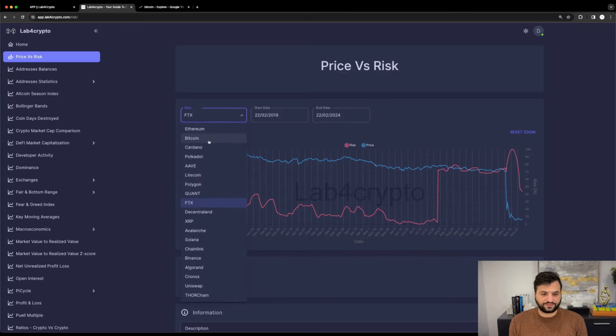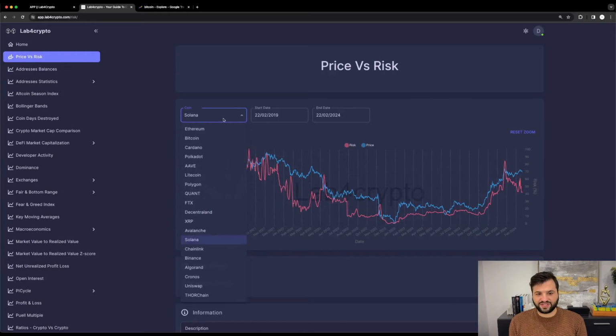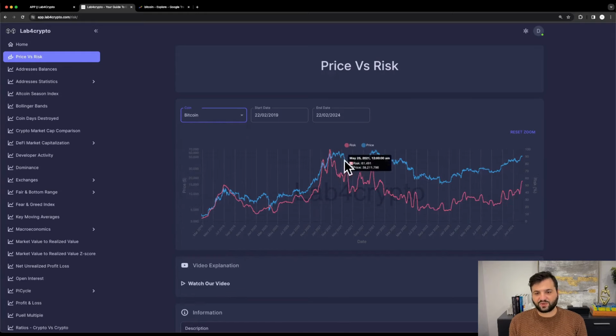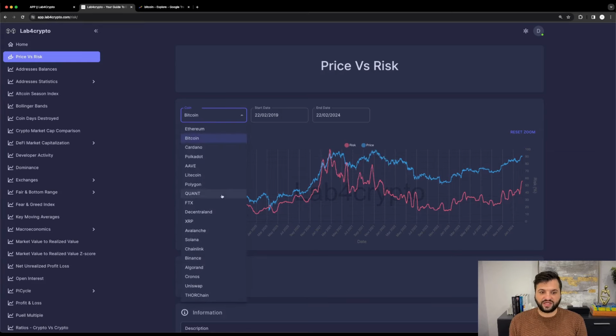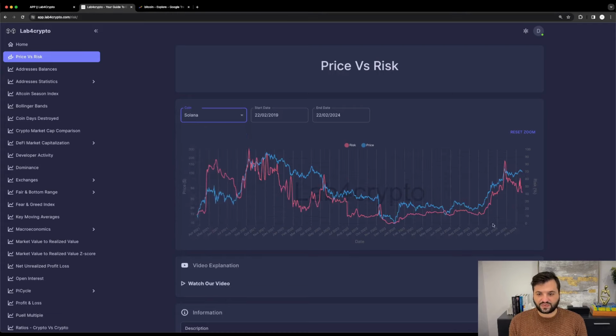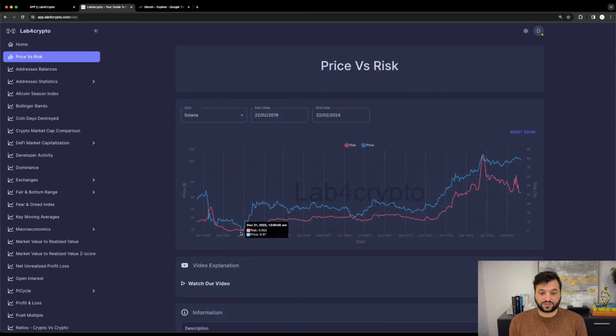But let's go to Solana, because it's a recent example. On Bitcoin, it's clear that the model did an amazing job, and I will come back. But let's see something which is really recent. Solana, as I said, had this drop, which the model was signaling that it was a really good time to accumulate Solana, as the risk was 0.9, and the price was at $9.97.